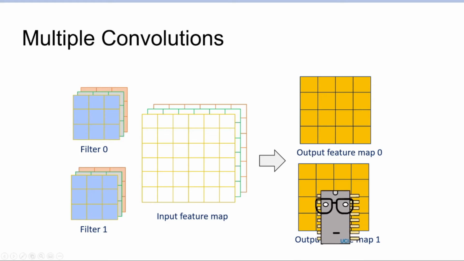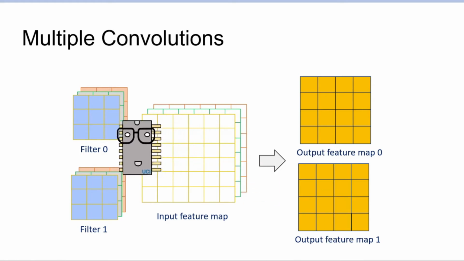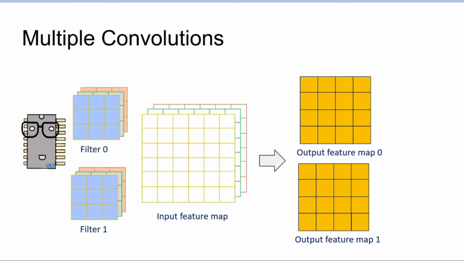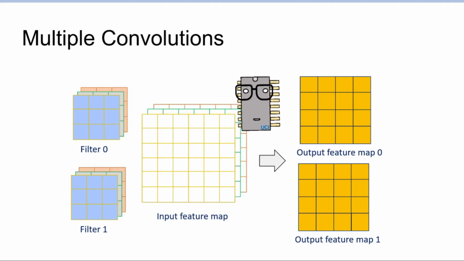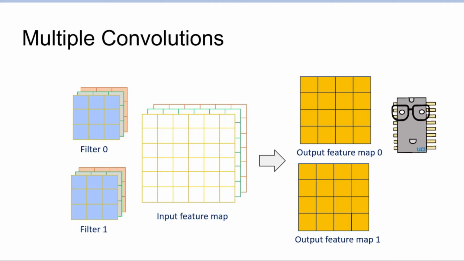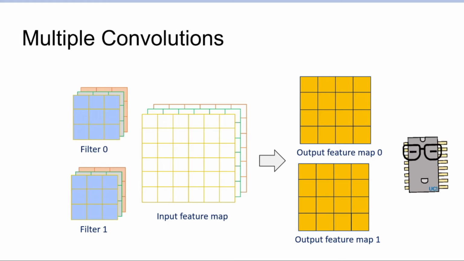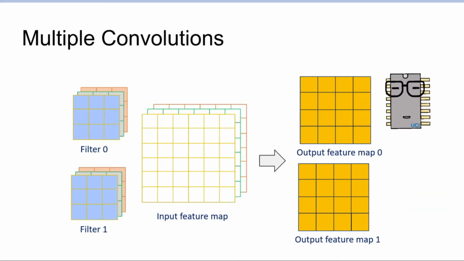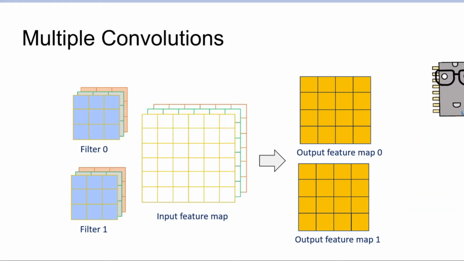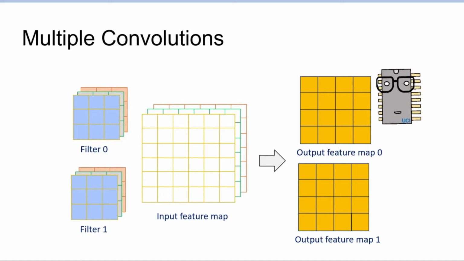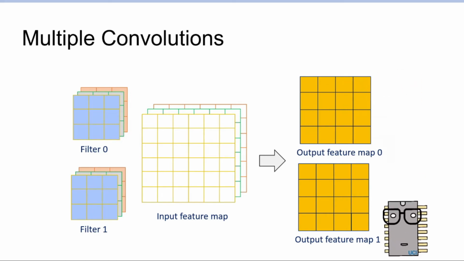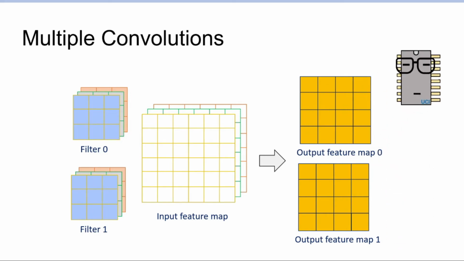This just shows visually that we can have multiple multidimensional filters looking through a single multidimensional feature map, and each of these filters will output different channels, and the input to the next layer, for example, would be a 4x4x2 input map, because there's two of these.